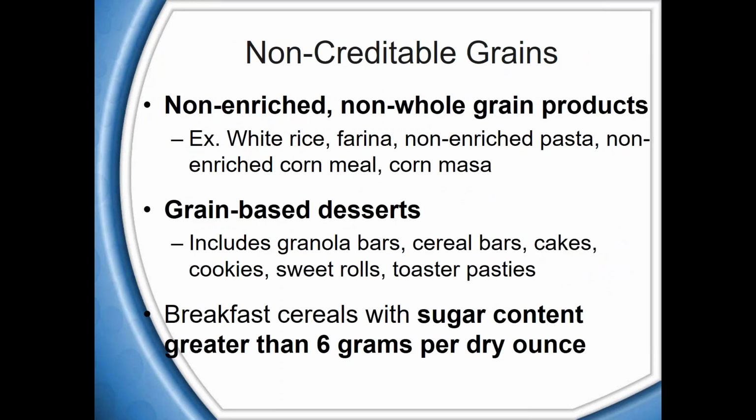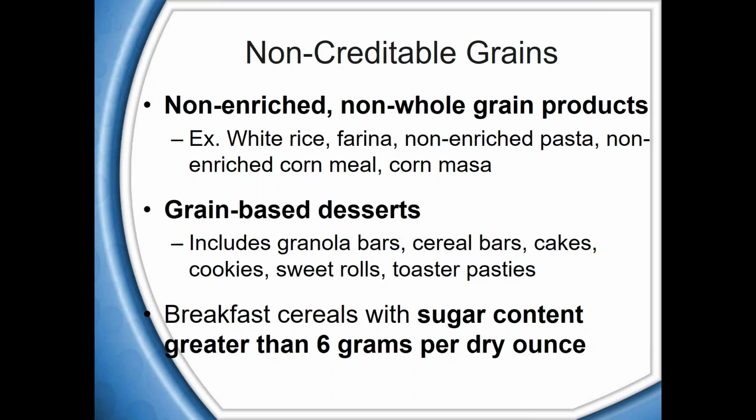Make sure that all of your grain products are creditable before serving them as part of a reimbursable meal or snack. On the flip side, there are other grains that are not creditable. These non-credible grains include grains that are not enriched nor whole grain. They are processed so that they remove all of the bran and germ, but do not include any added vitamins and minerals to make up the nutrients lost.